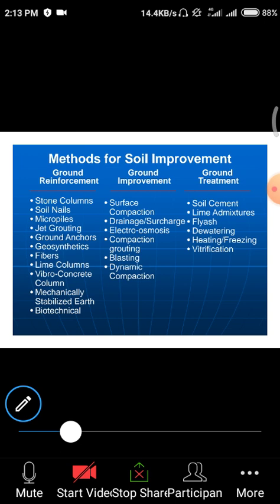And the third one is micro piles. These micro piles are used in construction below the foundation level. Normally structures have a foundation to transfer the stresses developed due to the loads acting on it. From the top level we have a slab, after that a beam, after that a column, and after that the foundation.